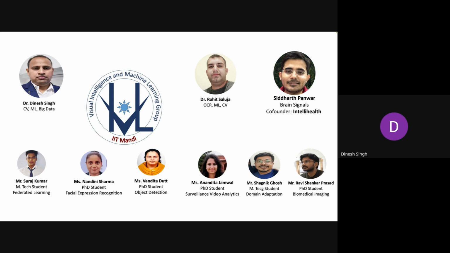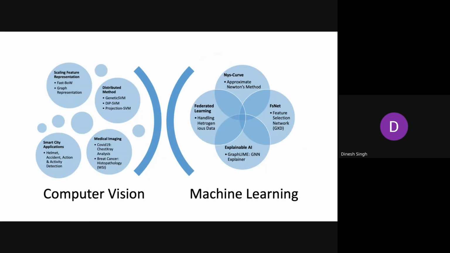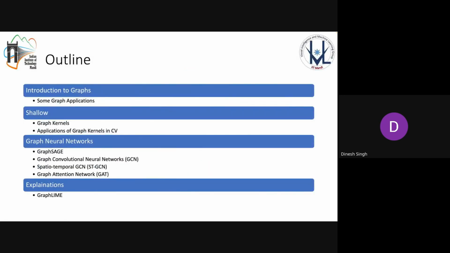So in that we are doing all sorts of learning based tasks, or computer vision based tasks, including learning over the graphs. Let's skip this one. So today's agenda is like that.